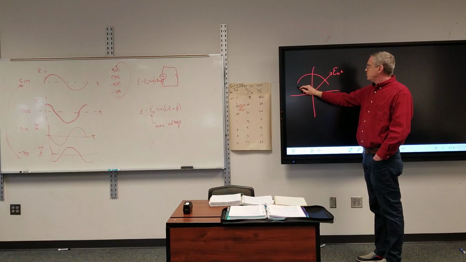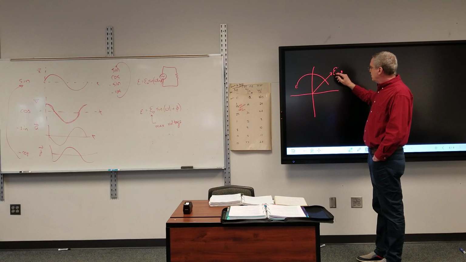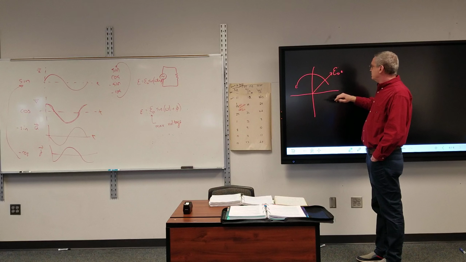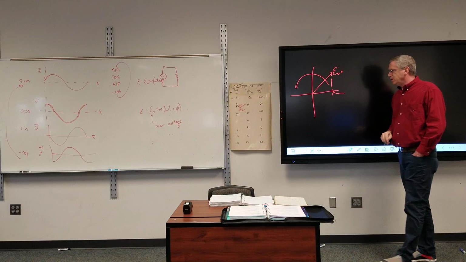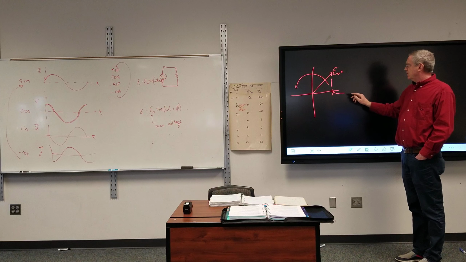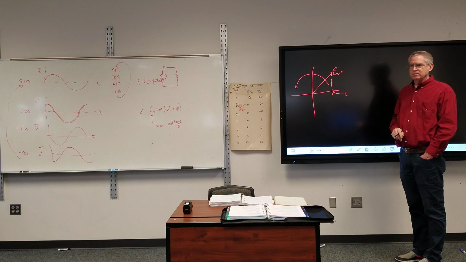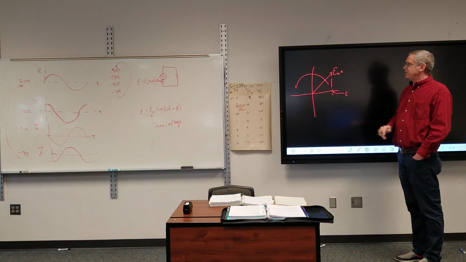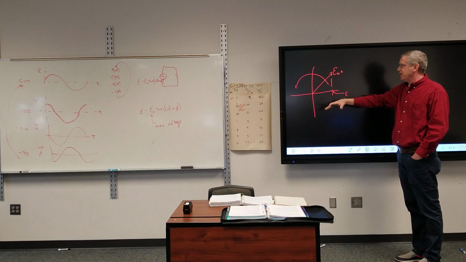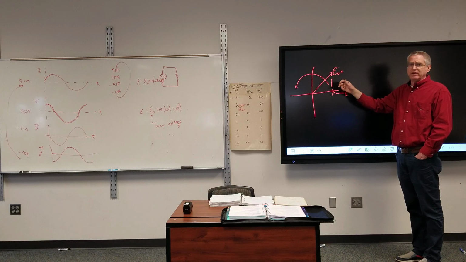As the phasor spins around, the projection onto the horizontal axis would be the instantaneous value. So if you imagine I have a giant light up above, shining down and it casts a shadow, it's the length of the shadow.